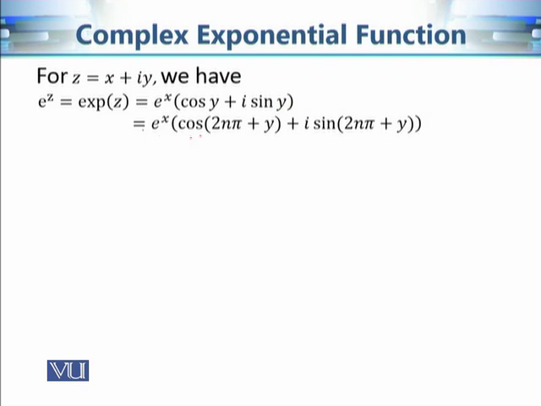So formally, we have this expression e raised to power x times cosine of 2n pi plus y plus iota sine of 2n pi plus y. And in the next line we write down the reverse part, so in the expanded form we just compacted it in the following form.